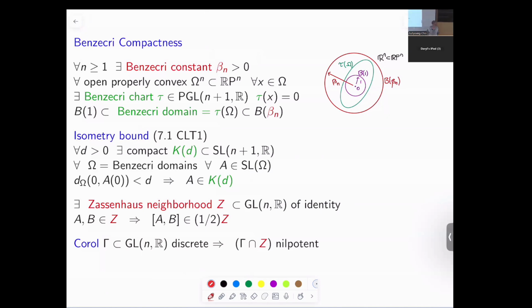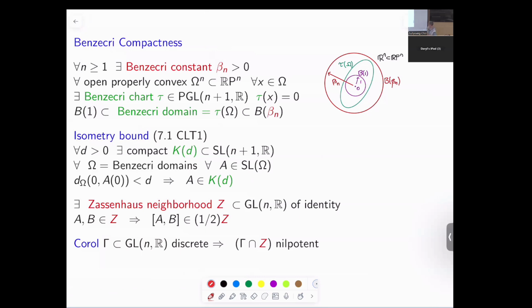Now, there's a basic algebra fact about GL(n, R). There's a neighborhood of the identity called Z in GL(n, R) with the property that if you take two elements in that neighborhood and take their commutator, it's a lot closer to the identity. So there's this small neighborhood of the identity where the commutator acts as a contraction. It moves points closer to the identity.